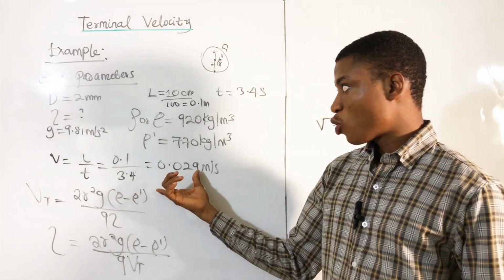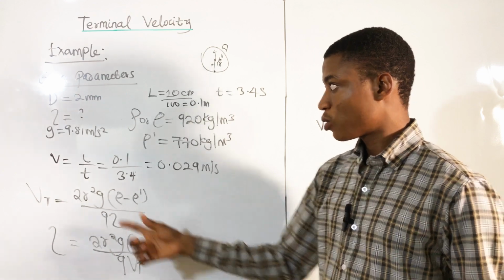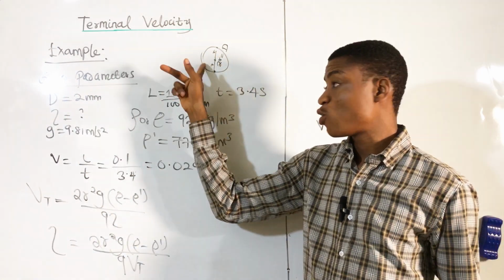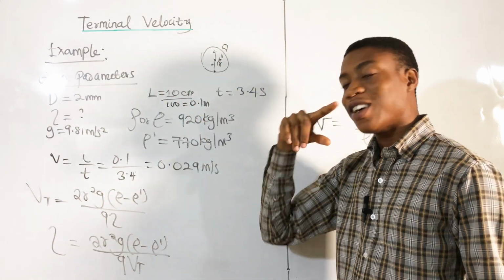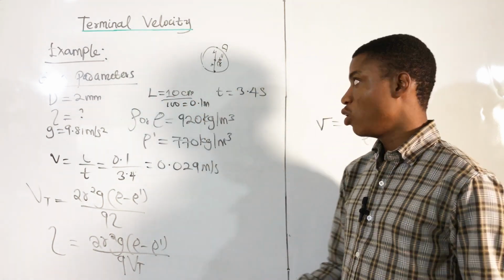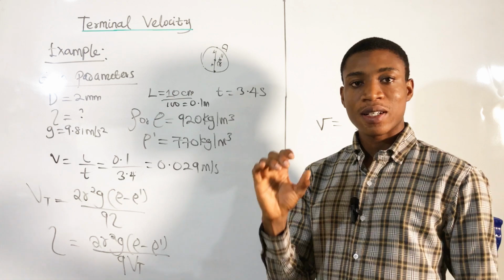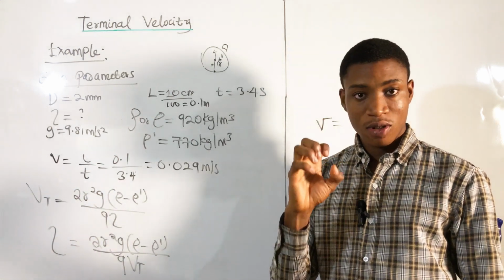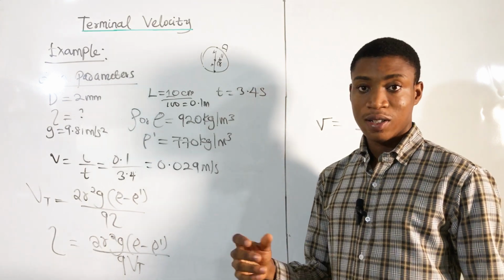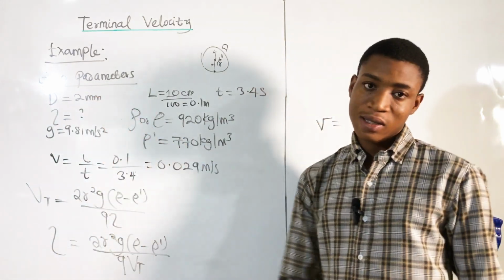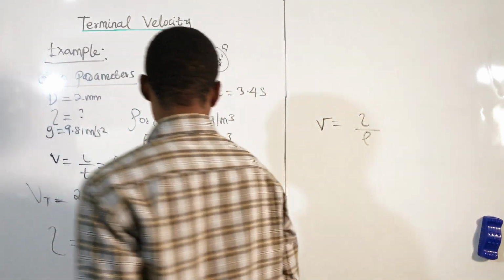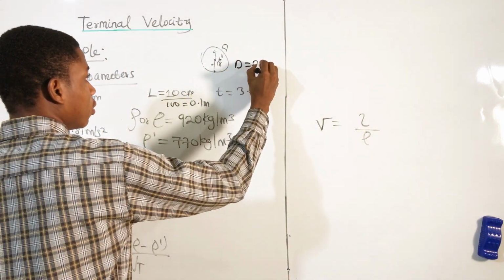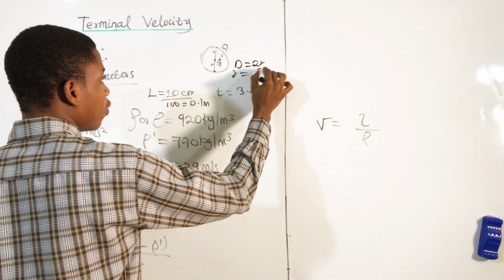So we're going to substitute all these parameters here, but take note we are given the diameter. If you look at my illustration here, you can see that the diameter is 2 times the radius, because we're looking at the body of the object, which is in this case a steel ball with a diameter of 2 millimeters. So from the concept that d equals 2r, r equals d over 2.